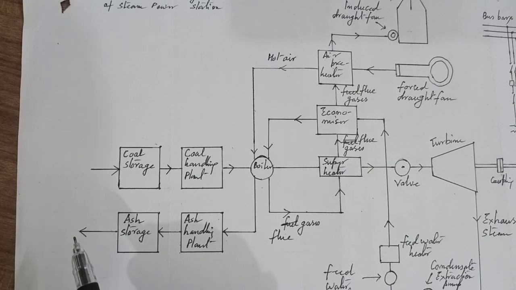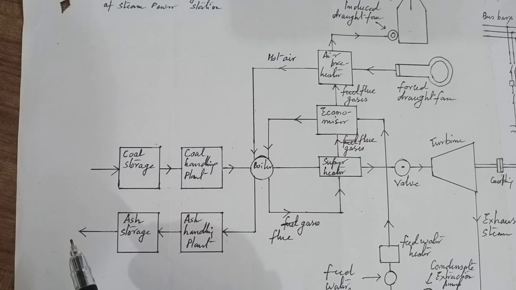A 100 megawatt station operating at 50% load factor may burn about 20,000 tons of coal per month, and ash produced may be to the tune of 10 to 15% of coal fired.